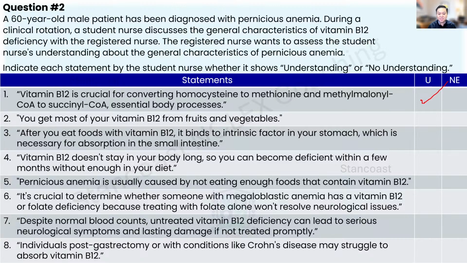That statement shows that the student nurse has basic understanding about the disease process, because we know that vitamin B12 is a cofactor in those two reactions, right? It is going to help in the conversion of homocysteine to methionine, right? Which is going to be needed for DNA synthesis.